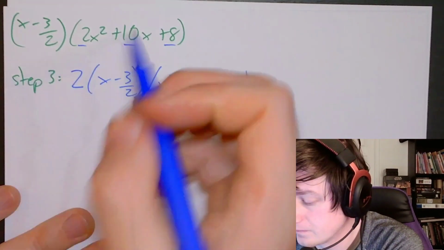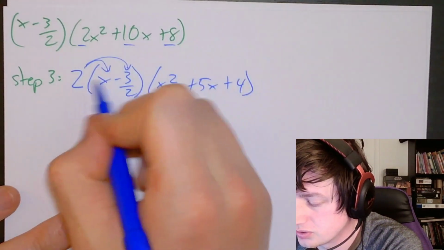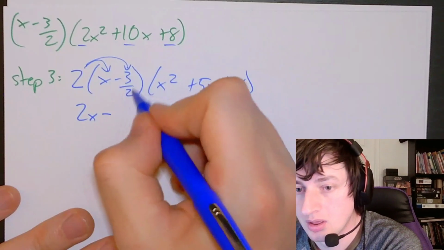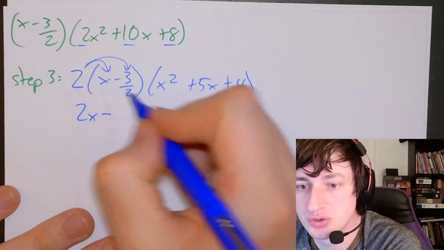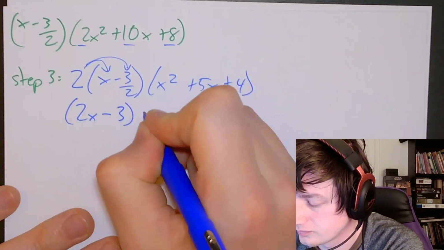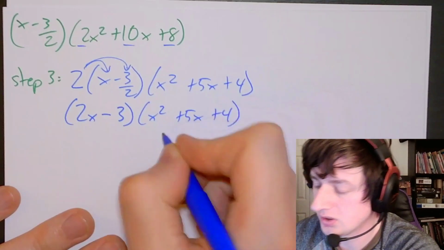And then we just distribute this 2 to both of these things. 2 times x makes a 2x minus 3 halves times 2 is 3. And then we need to solve this quadratic.